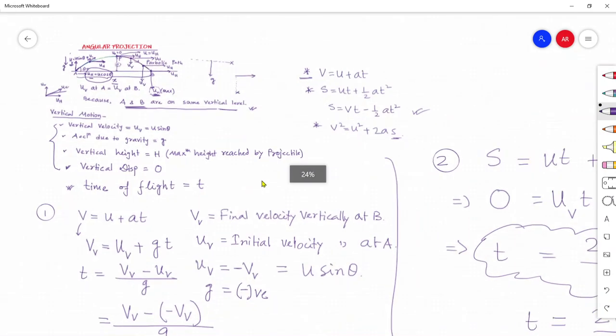Horizontal motion has not yet been considered of this angular projection. So I'll be considering the horizontal motion in the upcoming video, and then I will be discussing some sorts of questions on angular projection.